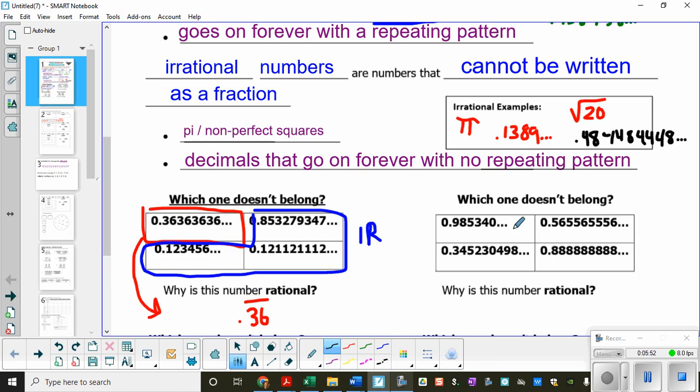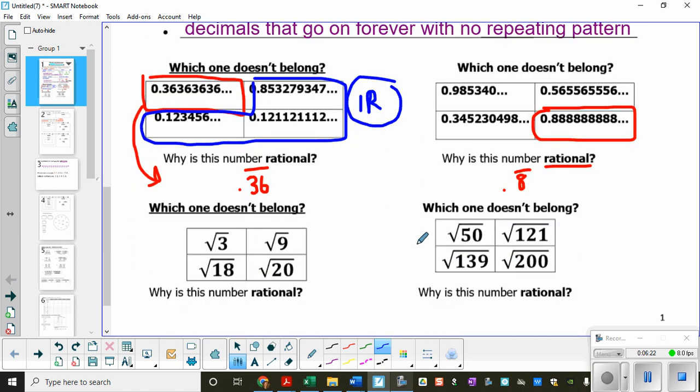So if I am looking again for which one doesn't belong, I feel like I see that this one doesn't belong with the rest because it has, again, a repeating pattern. So anytime you can take a decimal and make it look like it stops with one of those lines up above it, you know you've got a rational number. And anytime it goes on forever and ever with a weird funky pattern or with a weird funky number and no repeating pattern, then you know that you've got, again, an irrational number.